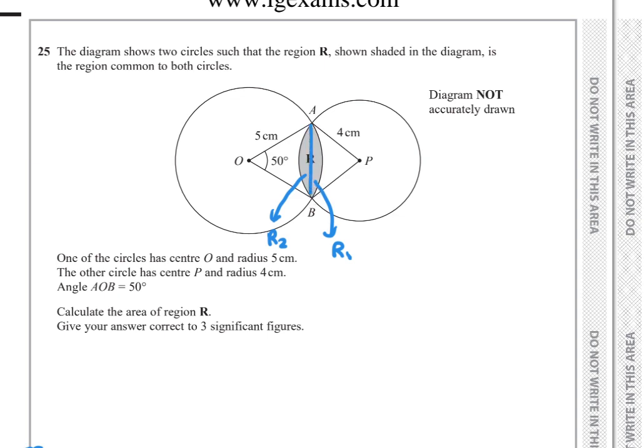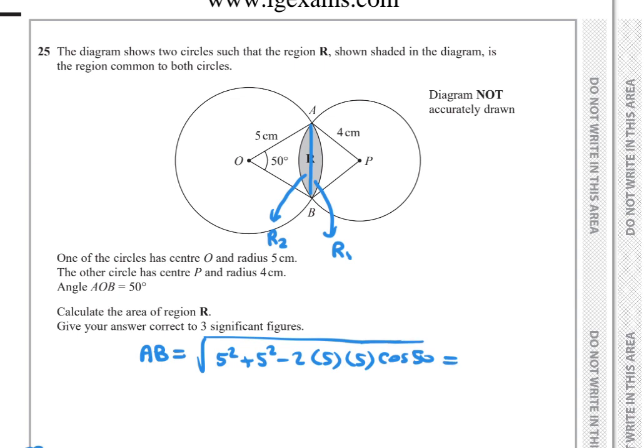We can find AB from triangle AOB with the cosine rule. So AB equals the square root of 5 squared plus 5 squared minus 2 times 5 times 5 cosine of 50, which equals 4.23. Now we have AB is 4.23. We can find this angle because we have 3 sides. Also, you can use the cosine rule.